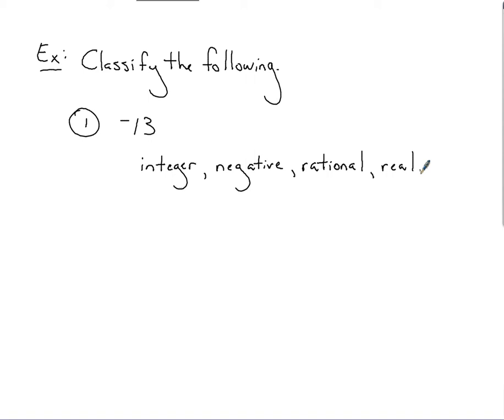Now, if you'd like something slightly more challenging, I mentioned this when we were defining stuff, how 0 can be interesting. Let's see if we can classify 0. Going down the list, is 0 an integer? Yes, it is. By definition, it's in there. Is it a digit?